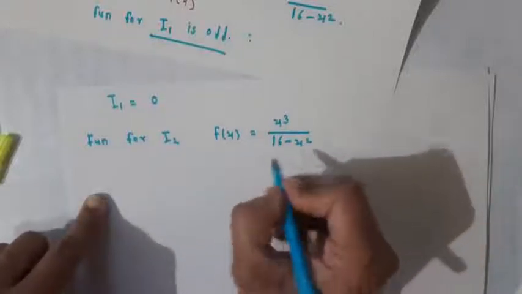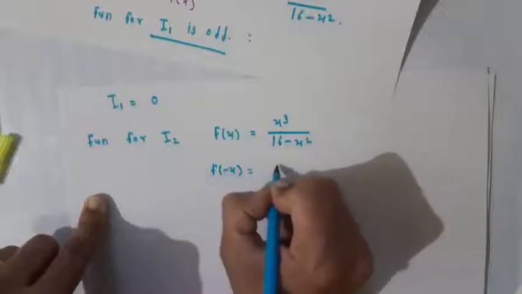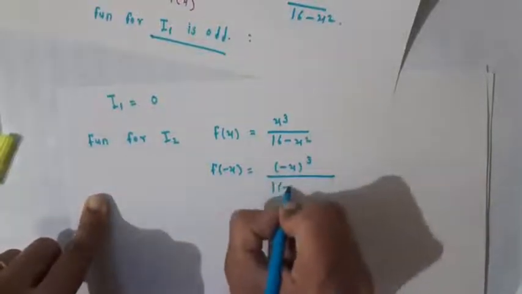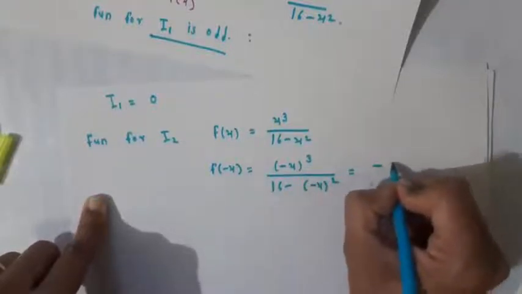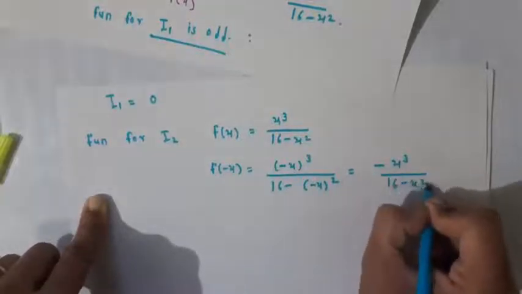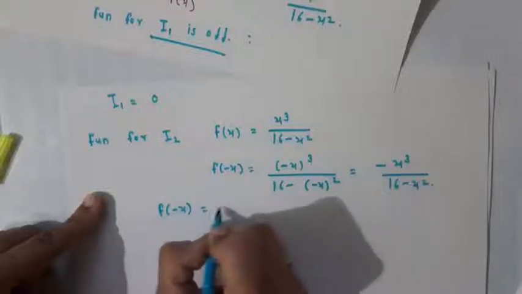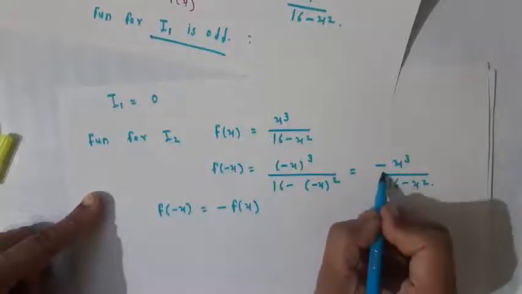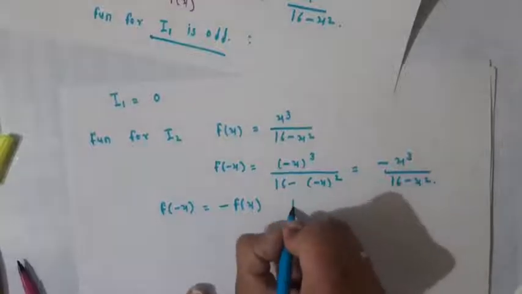Okay, so here f of minus x equals minus x raised to 3 upon 16 minus x square, and hence f of minus x equals minus f of x because this is negative. Okay, and hence the function is an odd function.